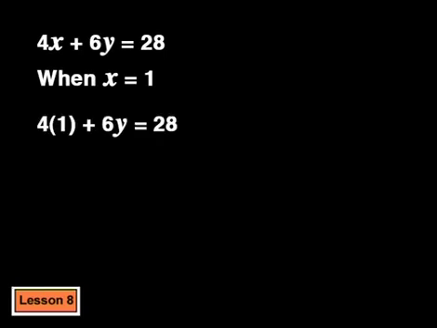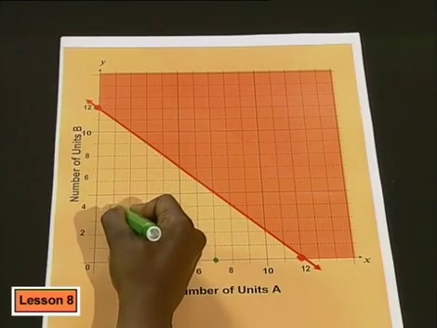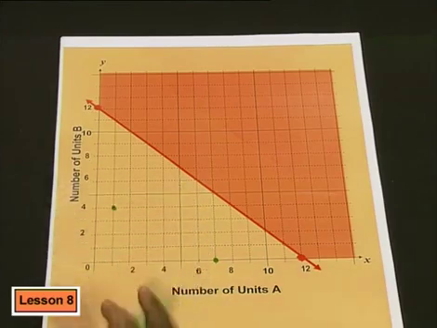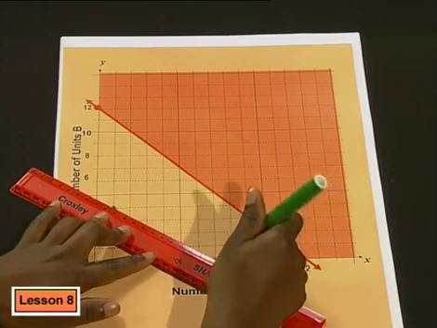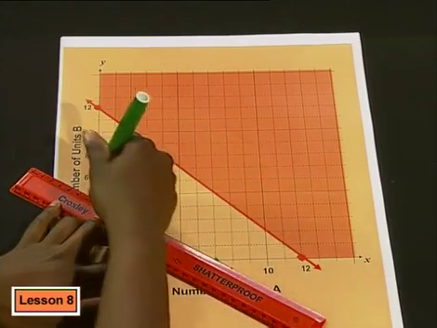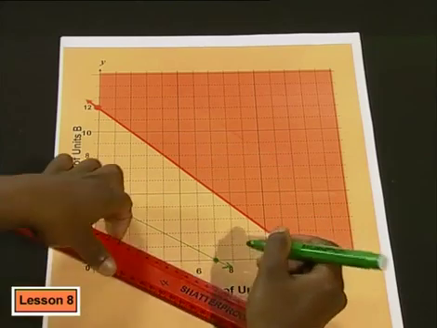For the equation of the line, we'll get 4 times 1 plus 6y equals 28. Subtract 4 from both sides and we get 6y equals 24. So y equals 4. So when x is 1, y is 4. That point is easy to plot. Now we can draw the line through these 2 points. This method makes sure that our graph is accurate.